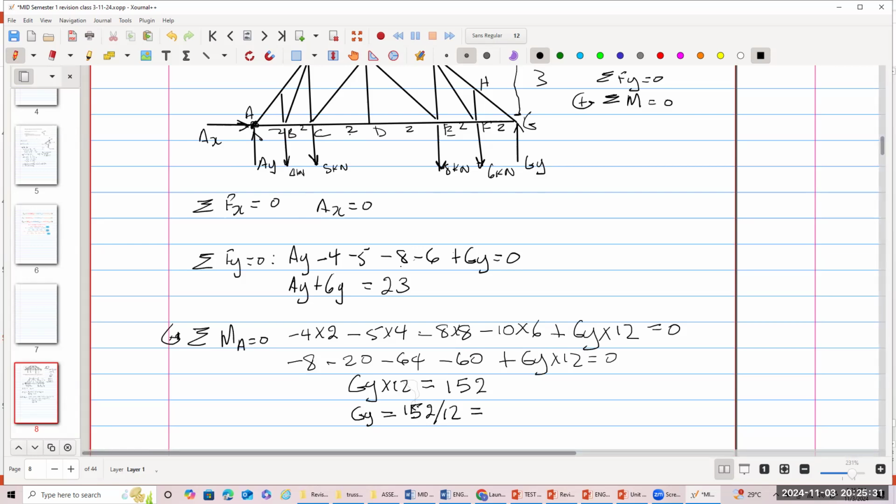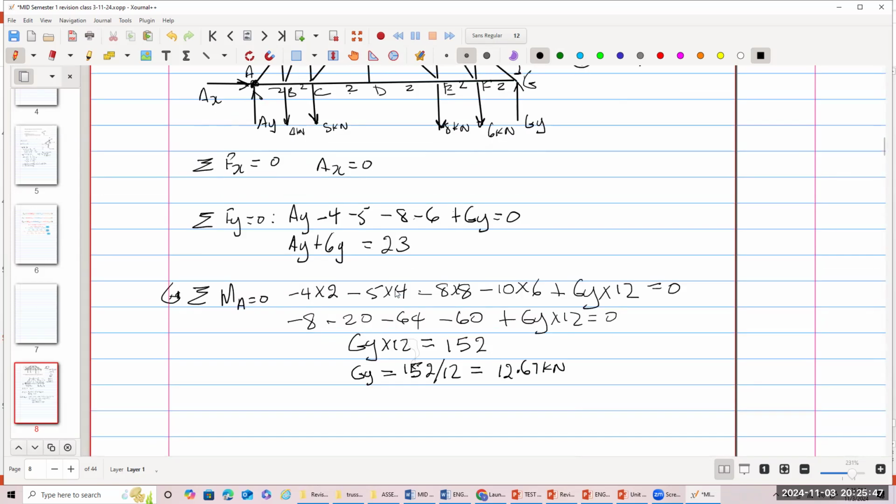How much you get for that now? So you get about 12.6, sir. Yeah, I'm trying to get my writer here back to 12.67 kilonewton. And from that now you substitute it back into the equation.